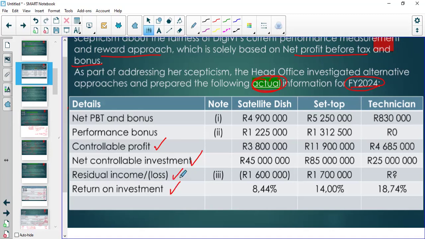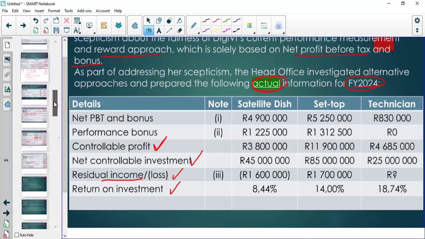Because the division has control over some investment and some profits, we can use a residual income based on the performance expected of it. I think this would suit an investment center. Right? Because in an investment center, let me just see what the lady prepared for us here.